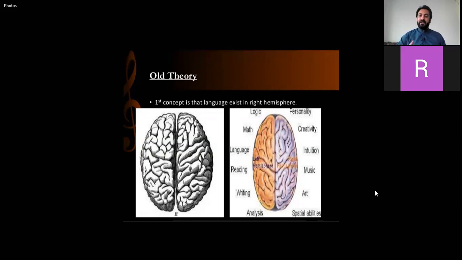You can see it: logic, math, language, reading, writing, analysis. And in the other sphere, there was personality, creativity, intuition, music, art, spatial abilities. So this concept was already present in the mind of the people. The people already knew this concept.